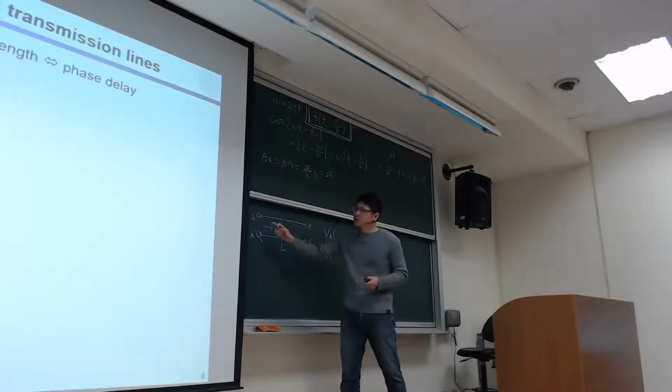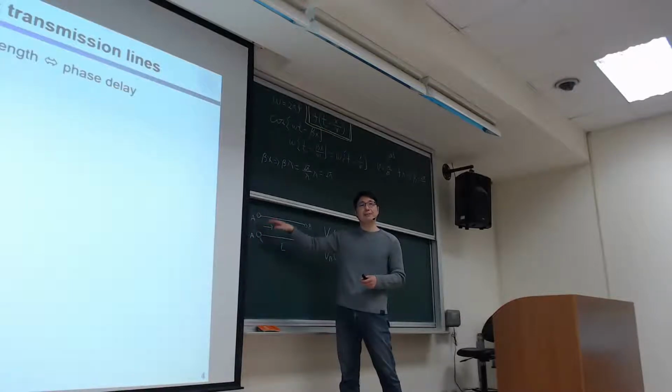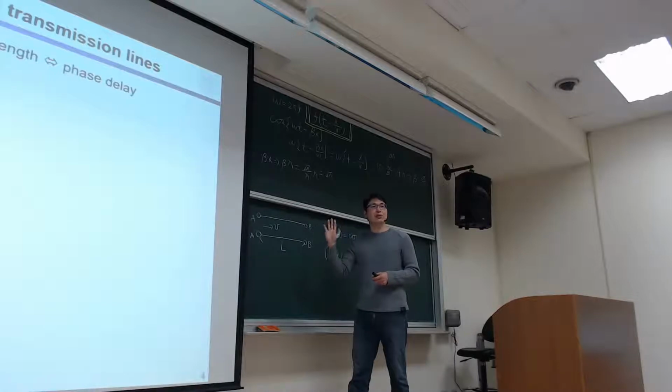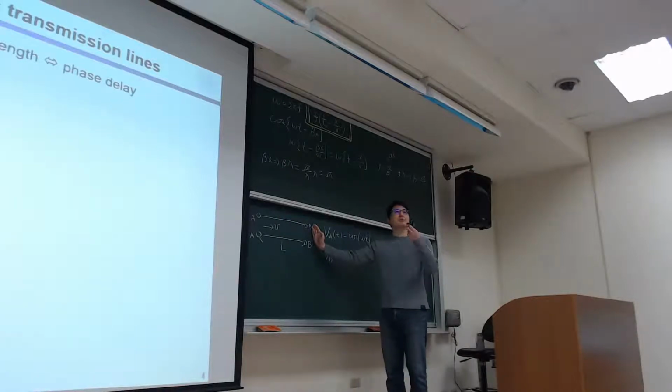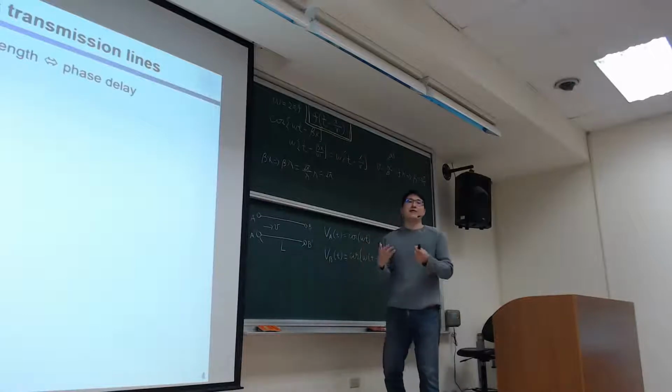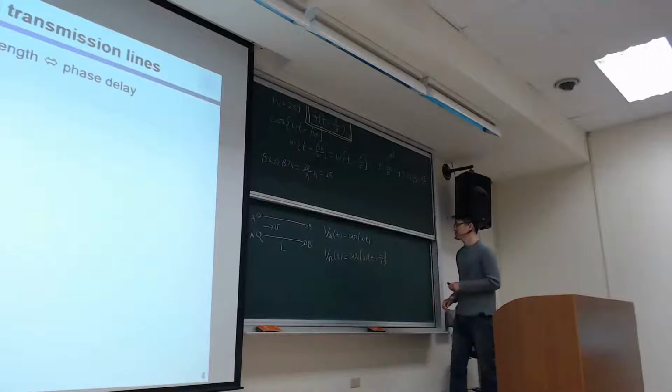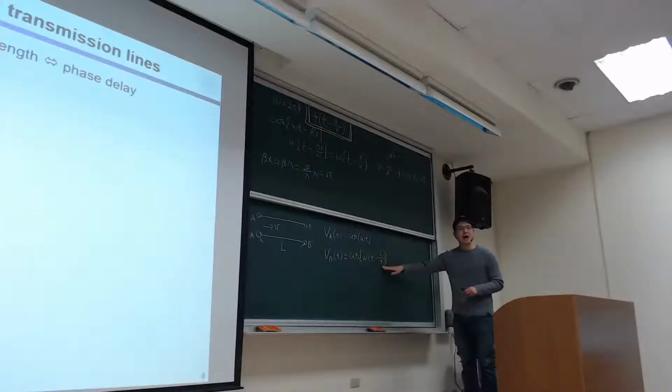If I know the voltage as a function of time at the input, and I promised you there's no loss, nothing going weird during the propagation, I should be receiving the same waveform at the output. Only you have to wait for a certain time, right? So that should be my output wave function in the form of voltage, right?